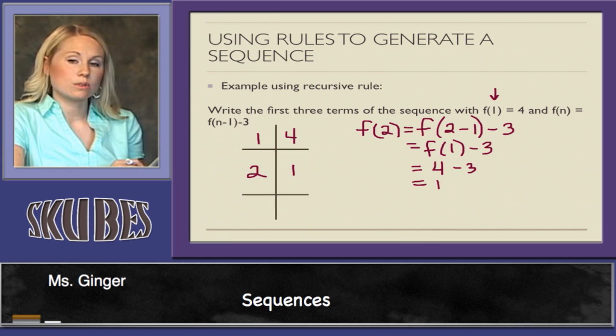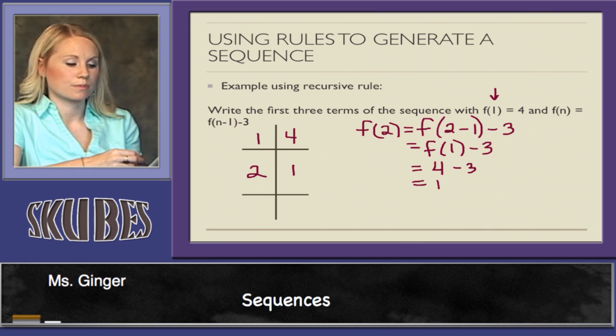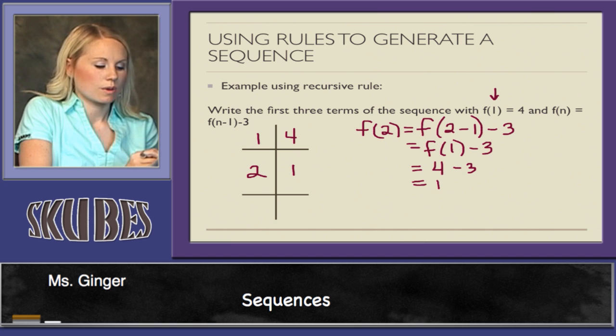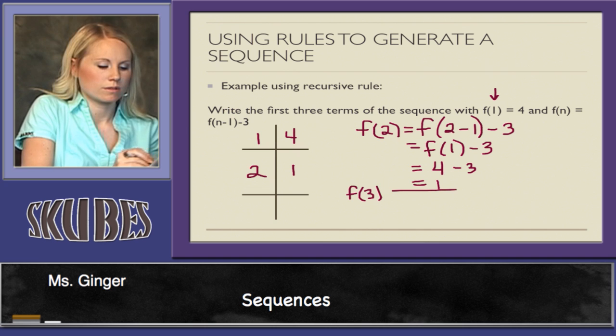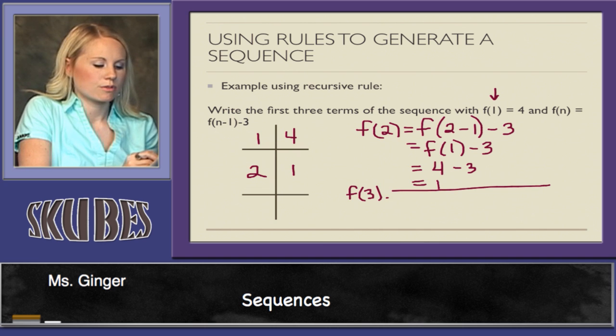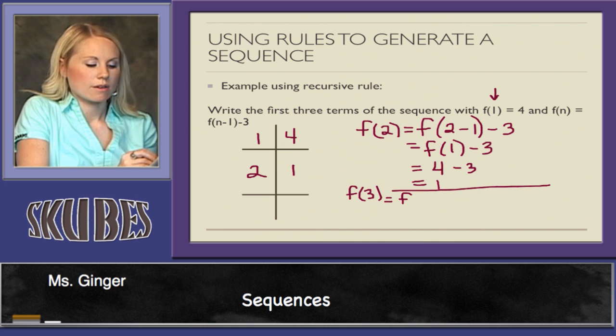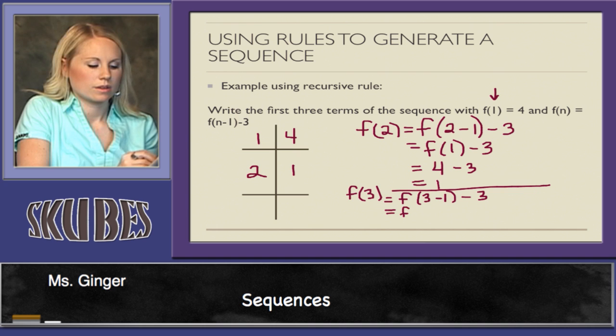All right, we need to do the same thing to find the third term. So f of 3. Let's draw a line here, do some work down here. f of 3 is going to be found by following the same rule, f of that number minus 1, and then subtracting 3. Okay? So f of 2 minus 3.